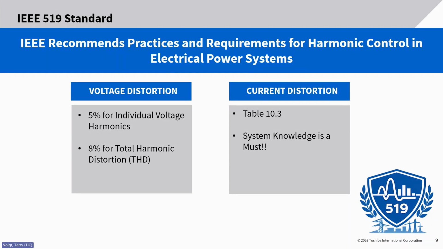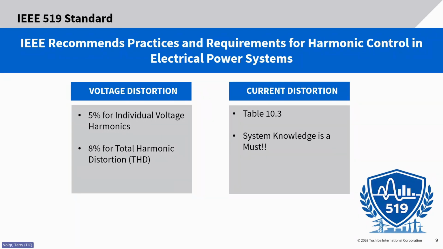That's the overall resulting harmonics from everything in the system. For current distortion, or amperage distortion, there's a lot more flexibility, or a lot more ranges. Instead of just a 5 and an 8 as for voltage, there's a specific table, just because there's a lot of different variability, system variances that can apply.